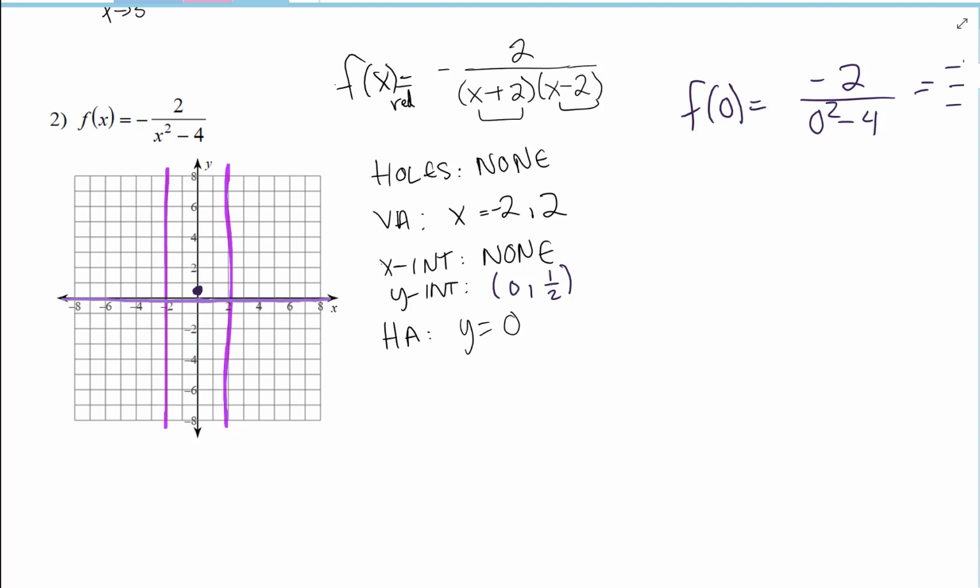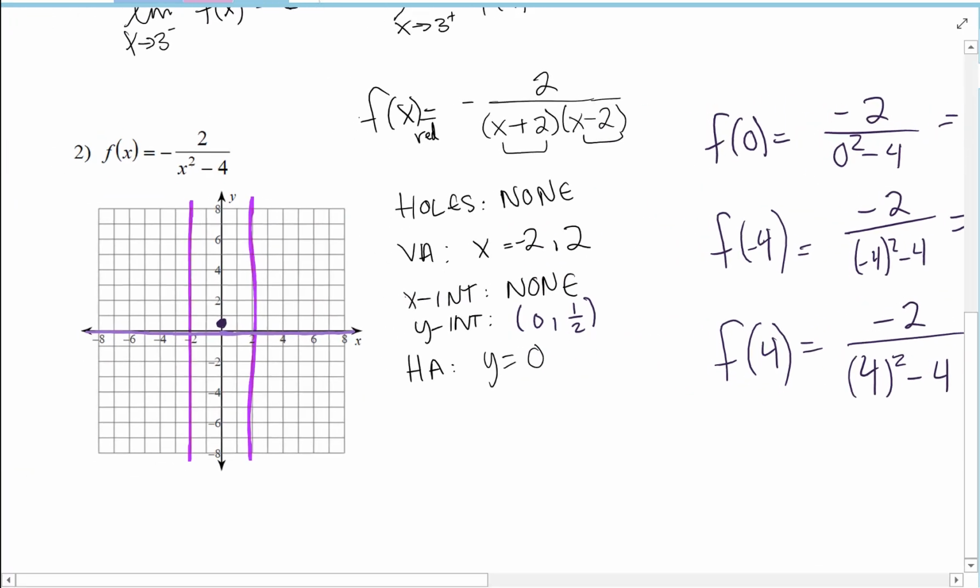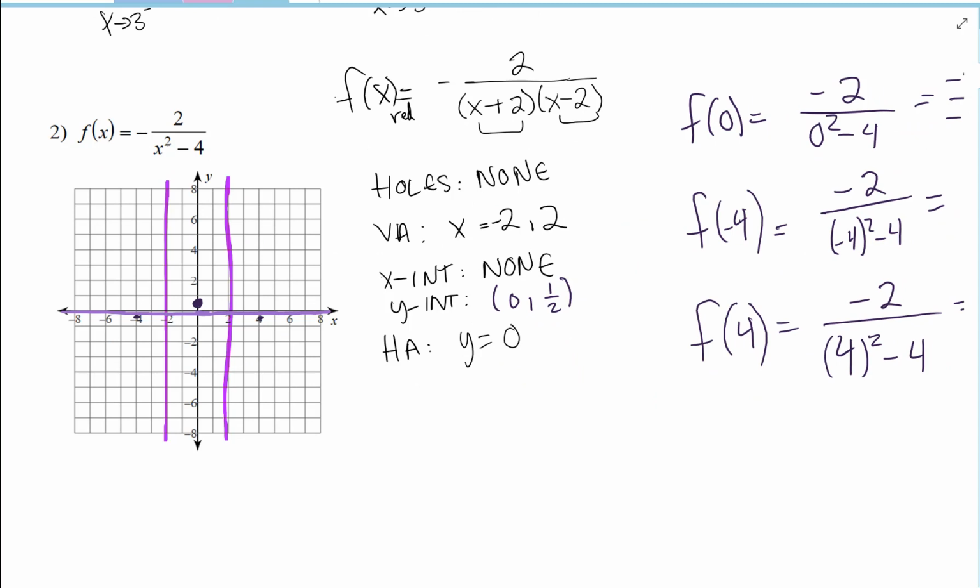Let's test out some values. I'm going to plug in -4 and 4. Interesting. So we ended up getting the same value, which means that your outer branches are both below the horizontal asymptote. So as you go toward infinity, the horizontal asymptote blocks you from going really up or down.